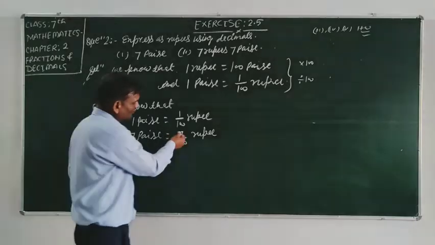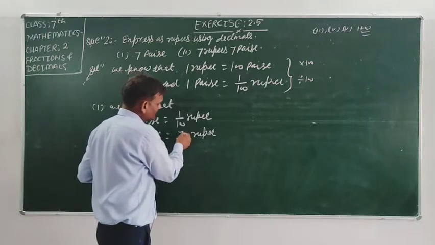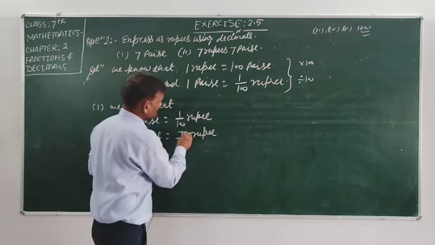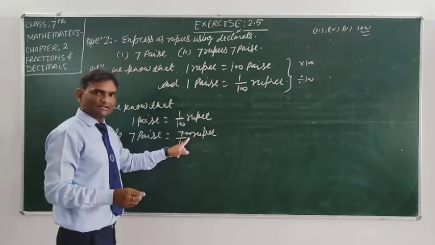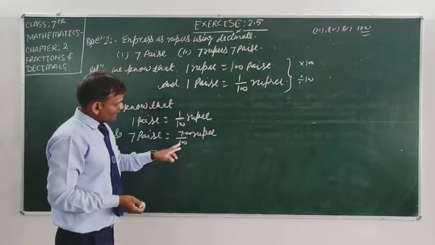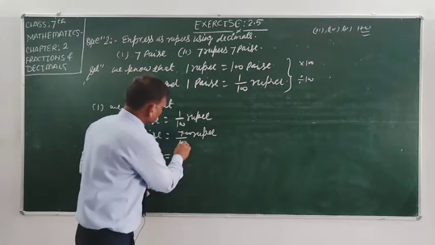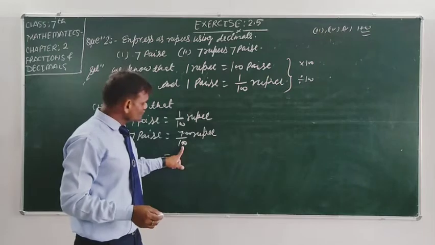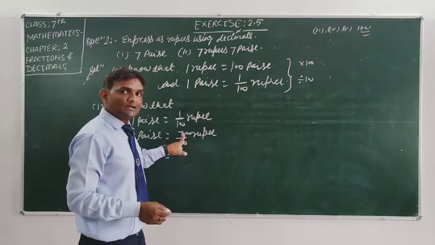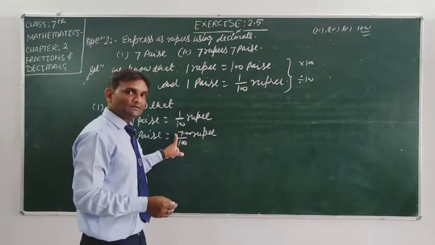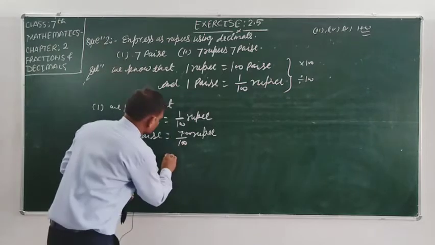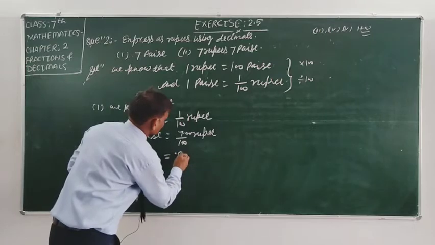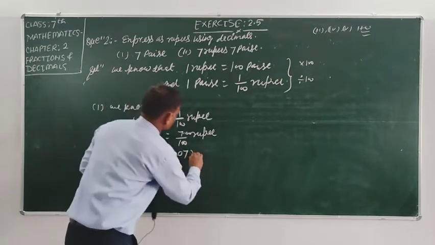You know this is the whole number and we can use the decimal at the last of the whole number, and we can write many zeros after the decimal point, and you need to divide by 100, and 100 has 2 zeros, so the decimal point will slip to the left side 2 digits, so we get 0.07 rupees.